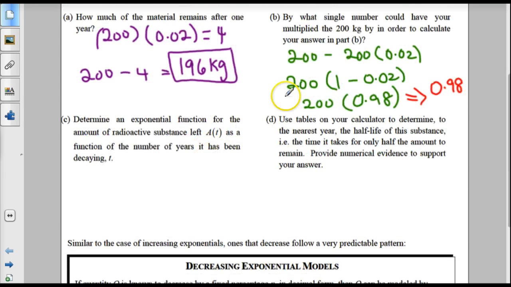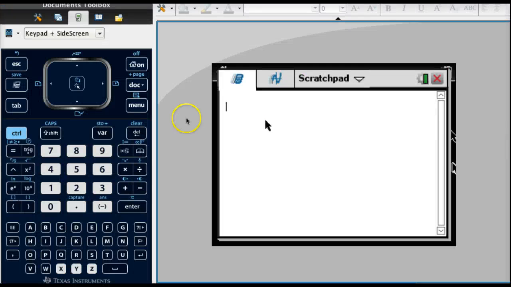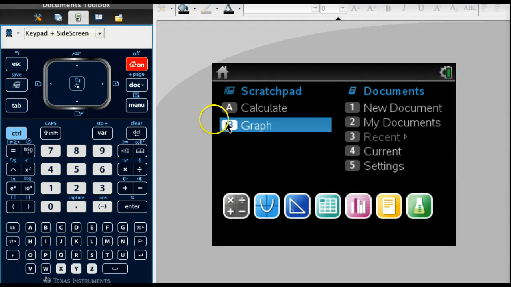Now, to use this data, how can we find an equation A of t to model this? I am starting with the 200, and then I am going to have that 0.98 to the t, however many years that is. Now that I have this, I want to go to my calculator. The next question says, use the calculator to determine the nearest half-life of the substance.